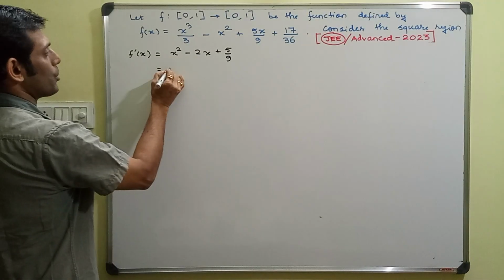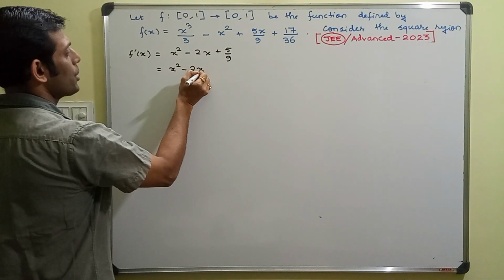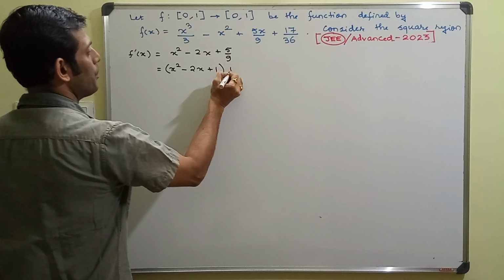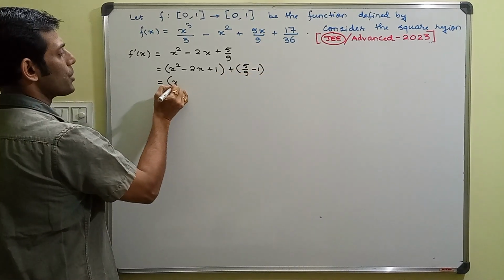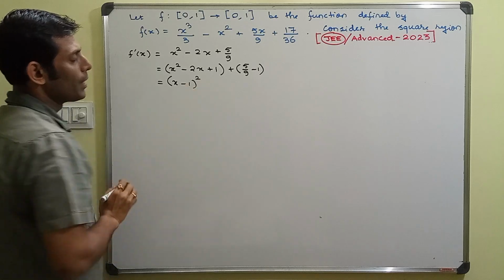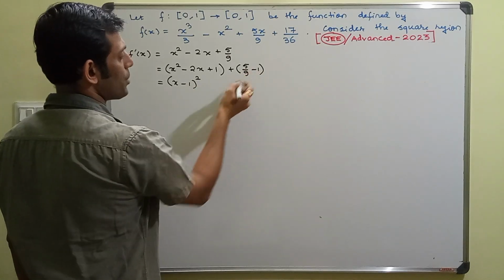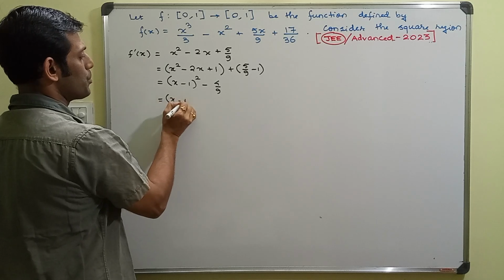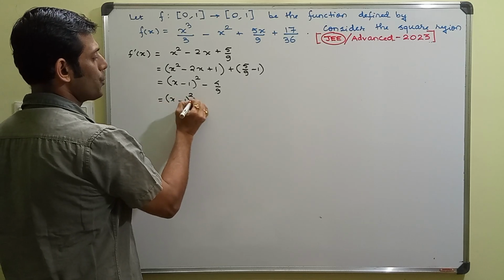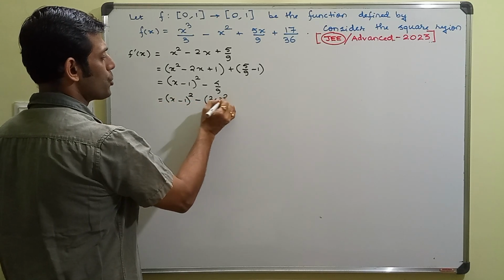So that means this is going to be x square minus 2x plus 1 plus 5 by 9 minus 1. So effectively this brings us (x minus 1) whole square and 5 minus 9 means minus 4 by 9. So effectively this is (x minus 1) whole square minus (2 by 3) whole square.